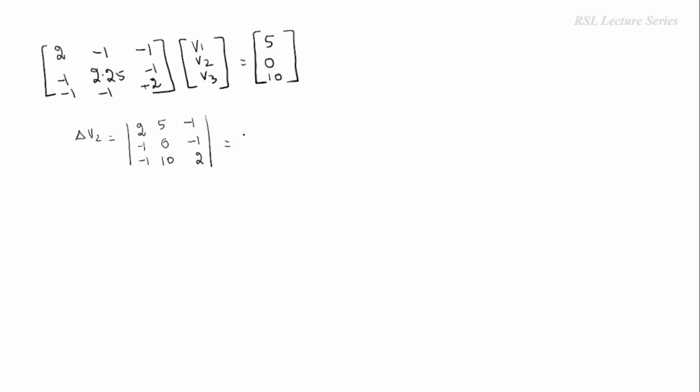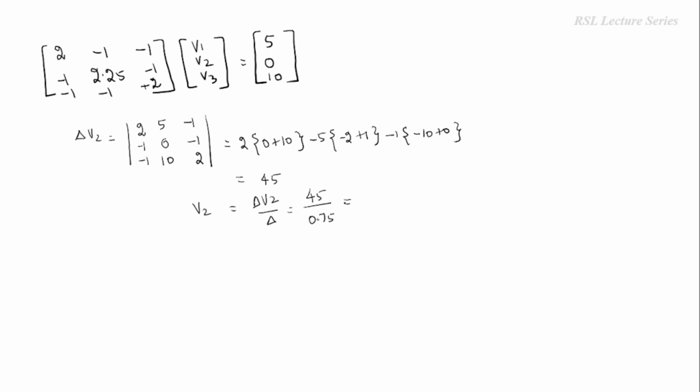Now we have to find out the determinant for this. 2 into 0 plus 10 minus 5 into minus 2 plus 1 minus 1 into minus 10 plus 0. On simplification, we'll get 45. So V2 is given by delta V2 divided by delta. Delta V2 is 45, and the delta value we have already found out is 0.75. This is equal to 60 volts.